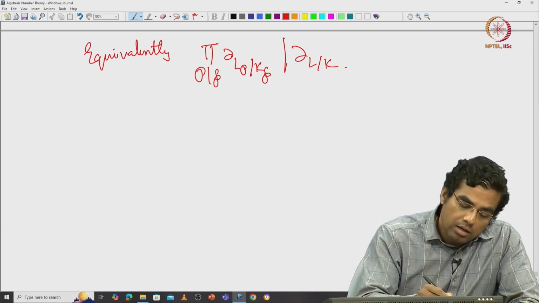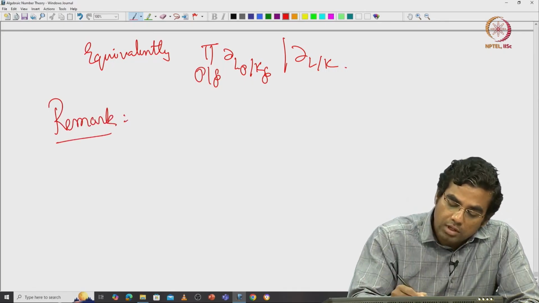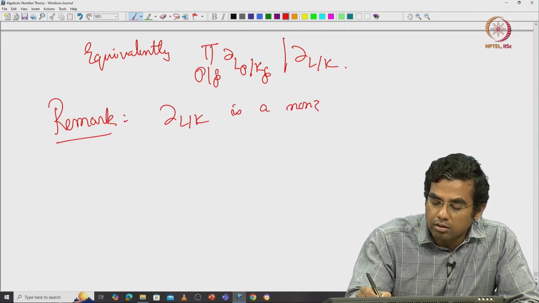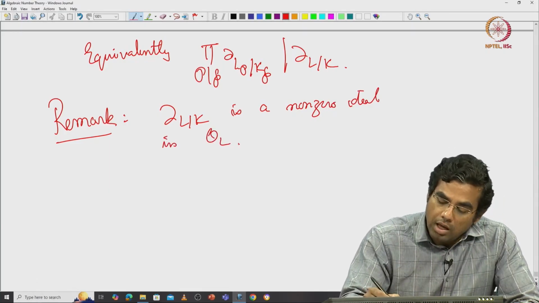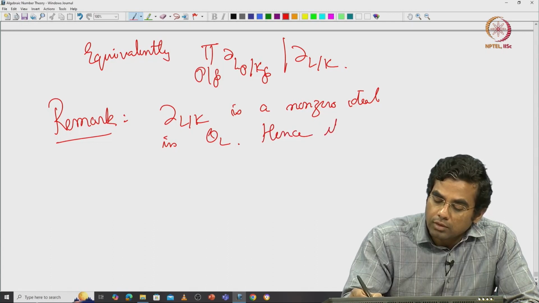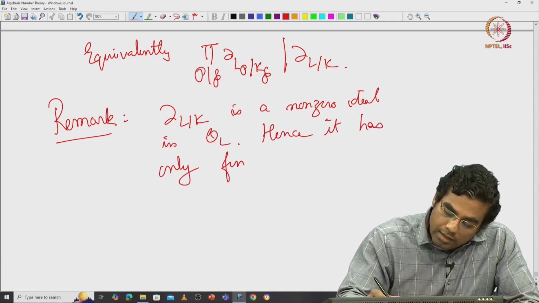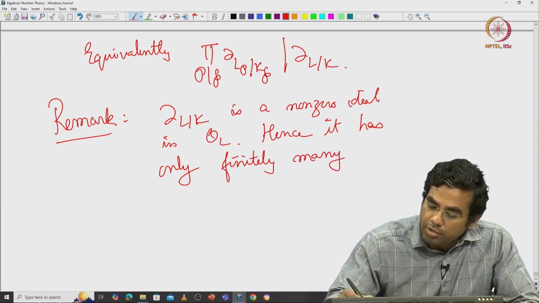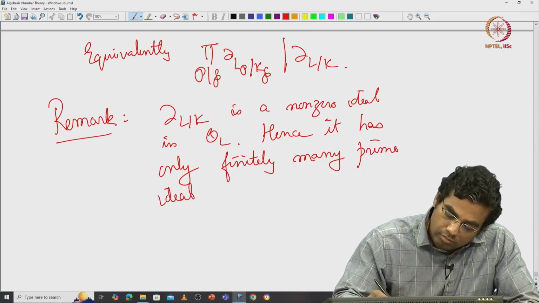Now, already this is very nice because D_L over K is a non-zero ideal in O_L, right. Hence, it has only finitely many prime ideal factors.